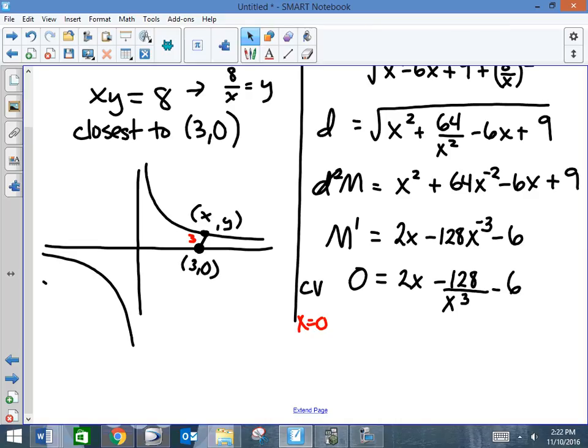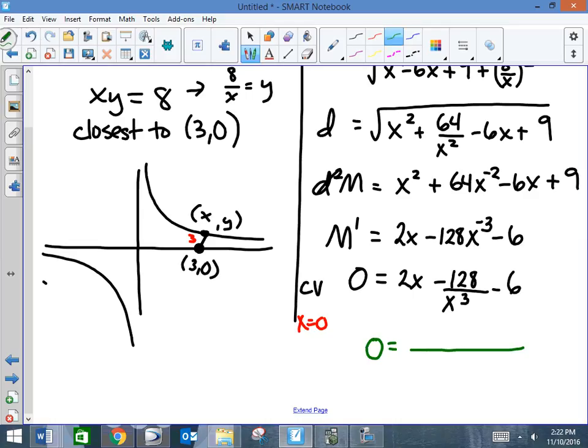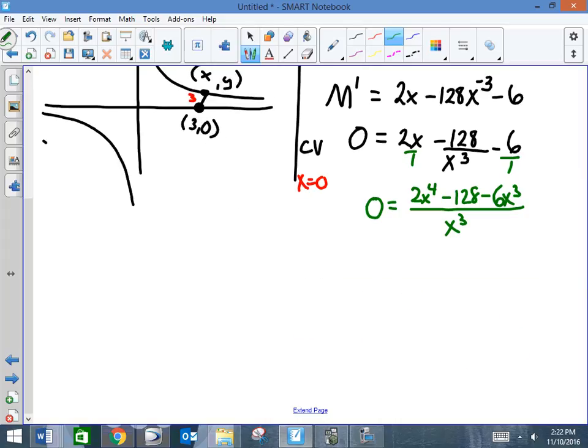Okay, I'm going to get a common denominator, which would be x cubed. So what would that be? 2x to the 4th minus 128 minus 6x cubed. Remember, the denominator is the one that equals 0.